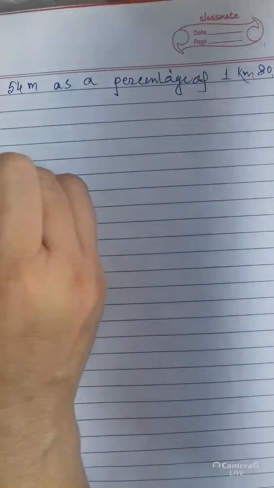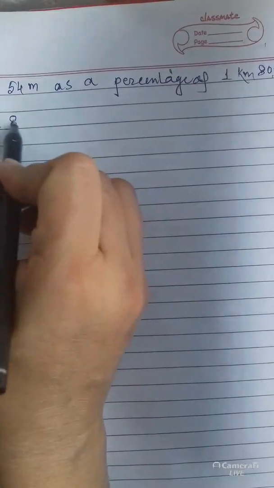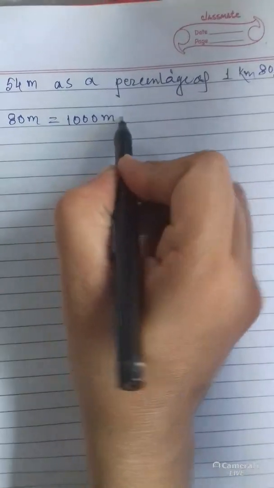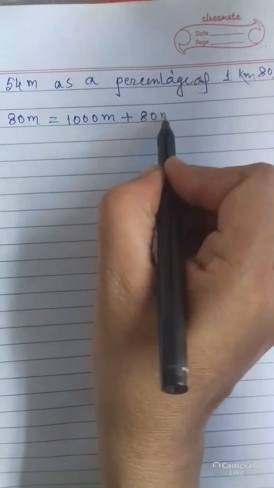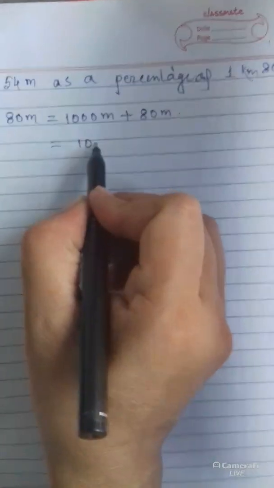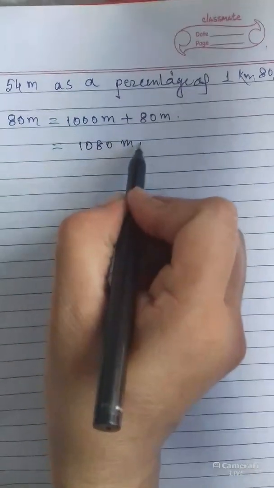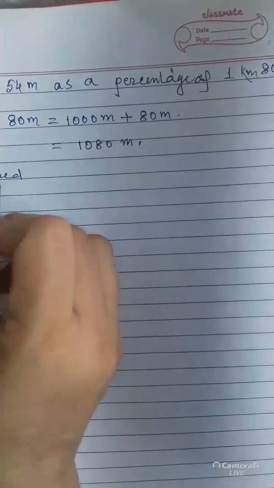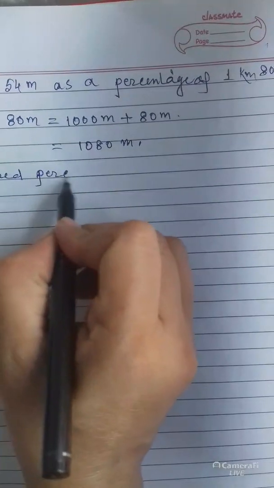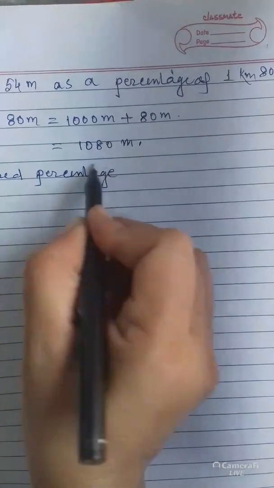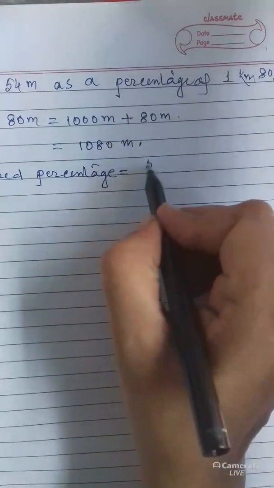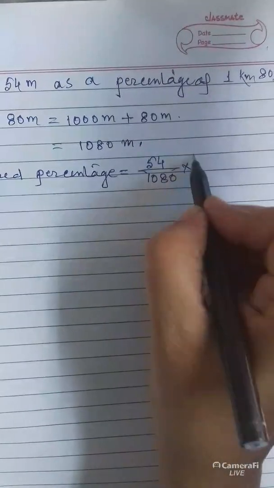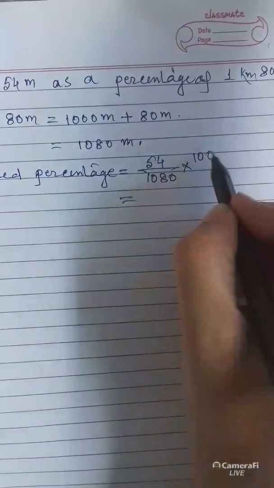First we have to convert 1 kilometer 80 meter. 1 kilometer means 1000 meter plus 80 meter equal to 1080 meter. Now required percentage equal to 54 by 1080 into 100.